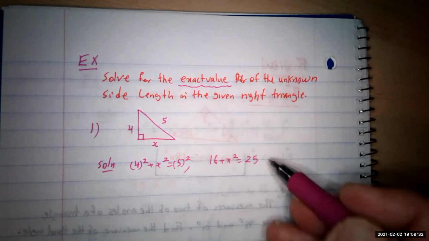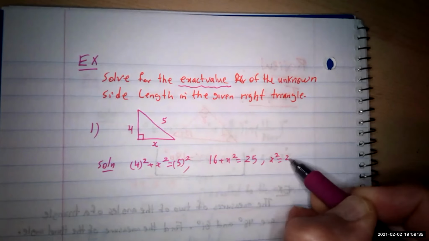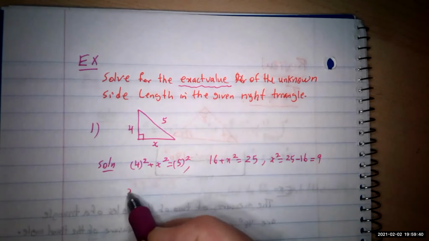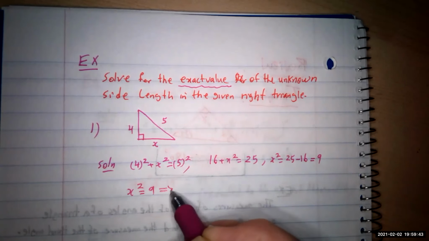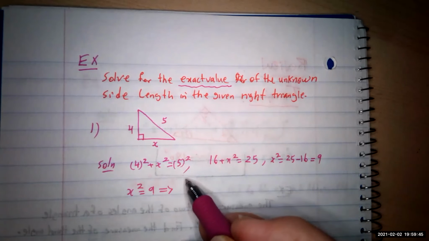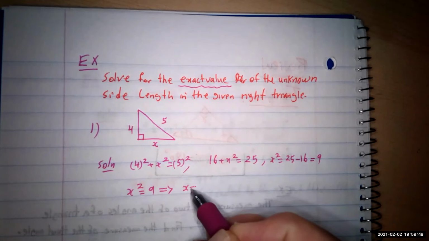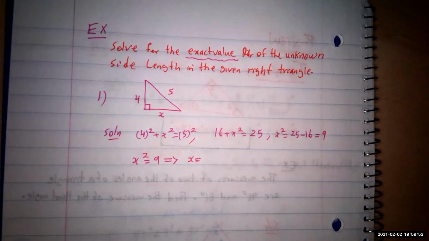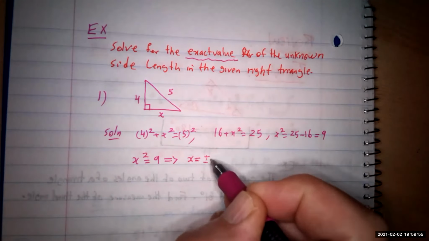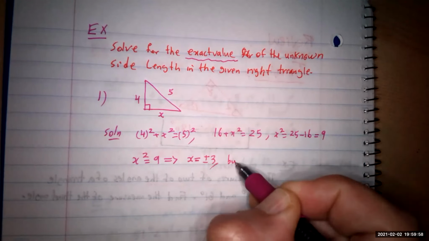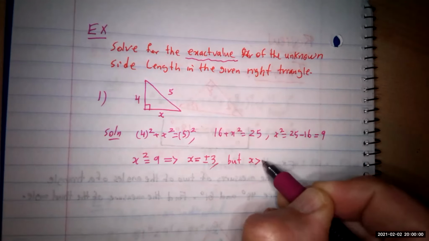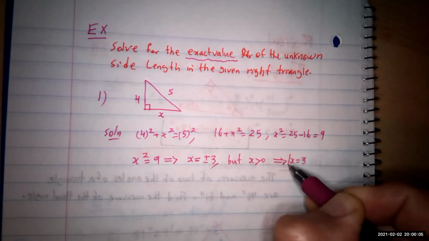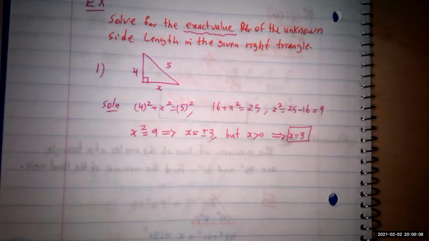So x squared is 25 minus 16, which is equal to 9. So x squared equals 9, and we take the square root. In general, x is positive or negative 3, but it's a length, so x is positive. Since x is positive, x equal to 3 is going to be the final answer.